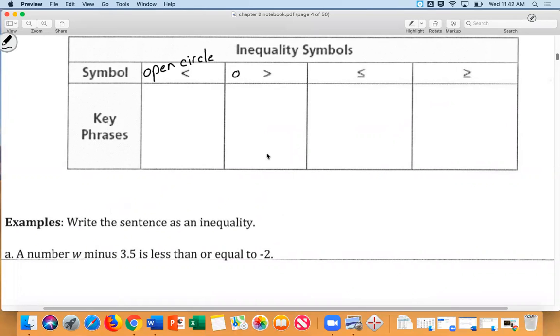This is an open circle. Closed circle. And closed circle. So if you have this symbol or this symbol, notice there's no line under it. It's an open circle. If you have the same symbols, but there's a line under it, it's going to be a closed circle.